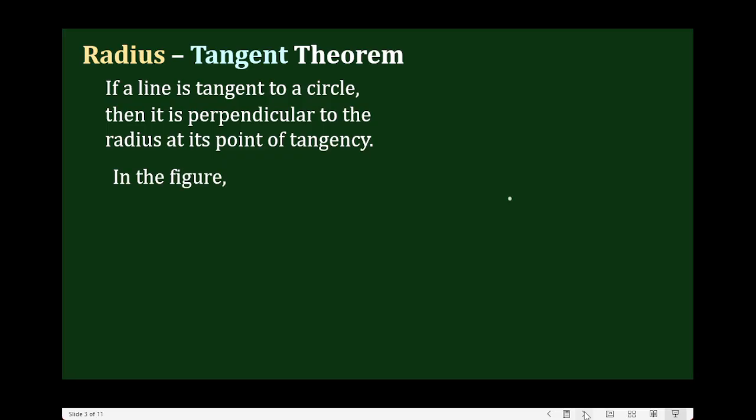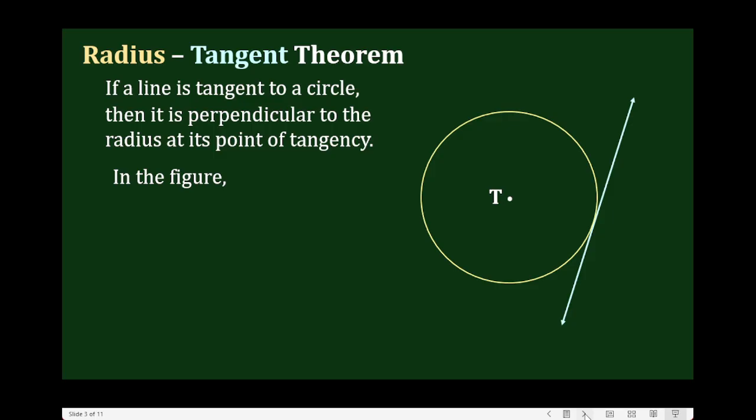In the figure, we have a point, which is point T, and this is the center of this circle. So the circle is named as circle T, having a line that touches the circle at point B. So this line is your tangent, whose name is line KR.